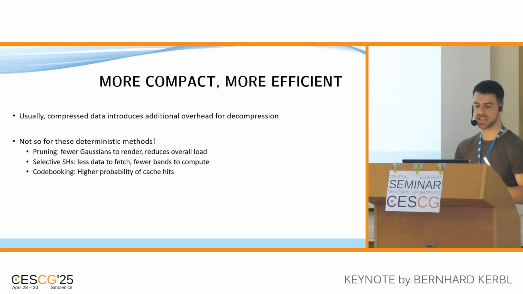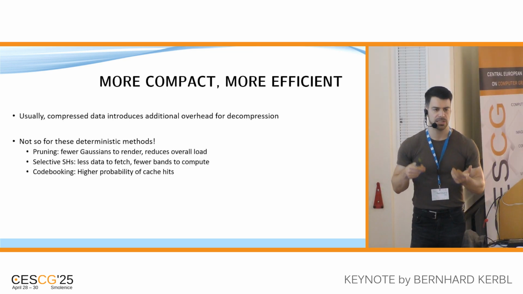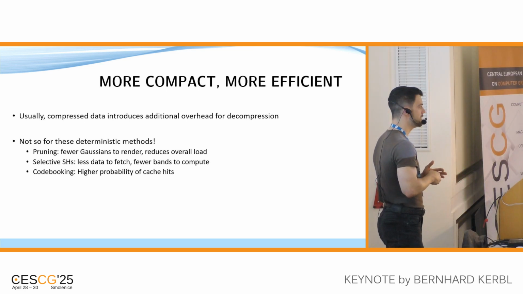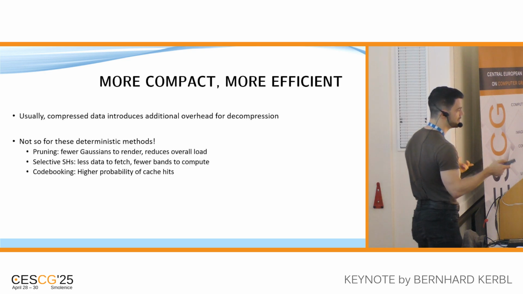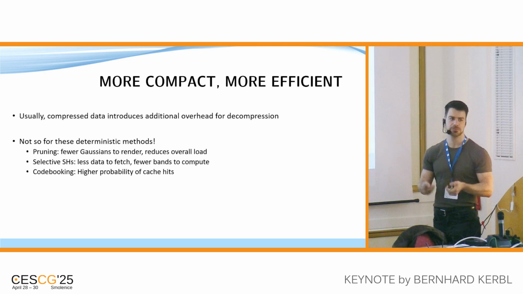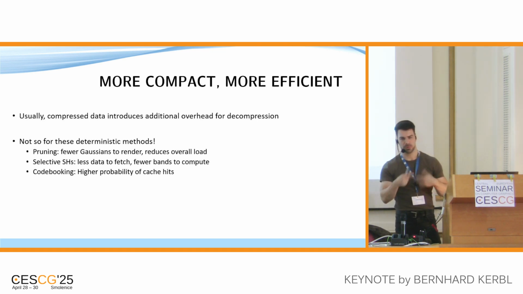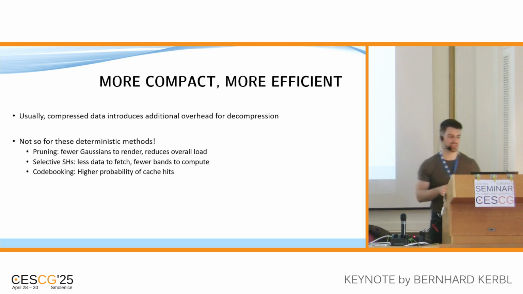And the selective spherical harmonics means there's simply less data to fetch overall. If you know your graphics processing unit, it is always happy if it has less data to fetch. If you can replace some data fetching with slightly more involved program logic or some arithmetic, you should definitely do that, because the GPU will be very thankful.